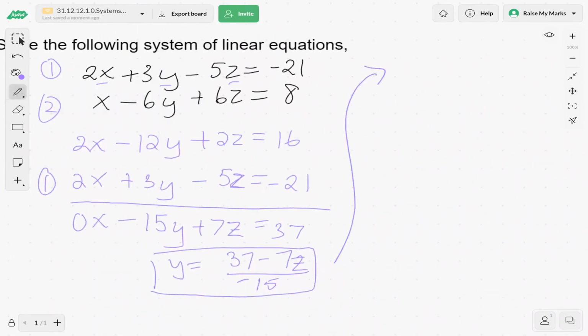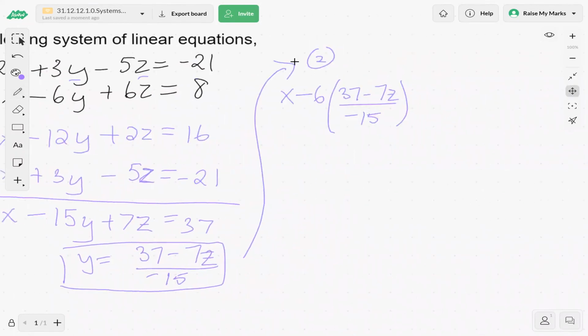Plug this into 2, and we have x minus 6 times (37 minus 7z over negative 15) plus 6z equals 8. So the goal here is to rewrite two of our variables in terms of the third, and this is exactly what we're doing.